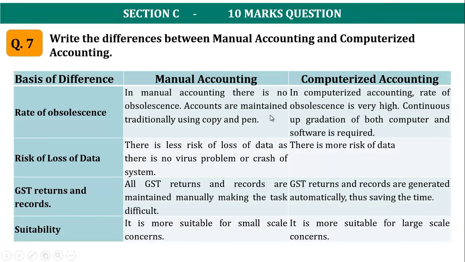Risk of obsolescence: manual accounts are maintained using a copy, that is books as well as a pen, whereas for the upgraded version you have to keep on updating the software and all. Risk of loss of data: more risk will be there, but if you have cloud and you have updated all records in the cloud, you can protect your information.